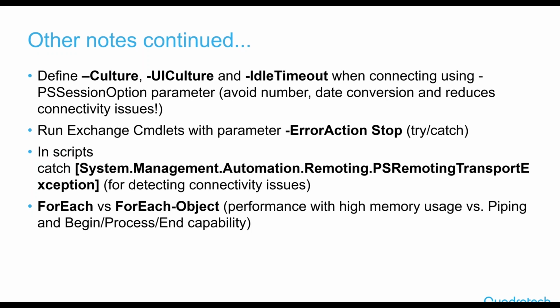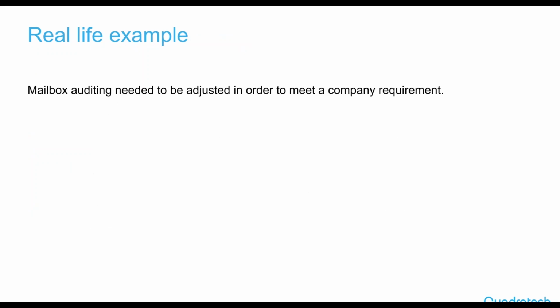But when you use only the for each statement, you will gain a lot of performance, because every operation is really handled in memory, every object, and this gives you a huge performance boost. So next slide, please.